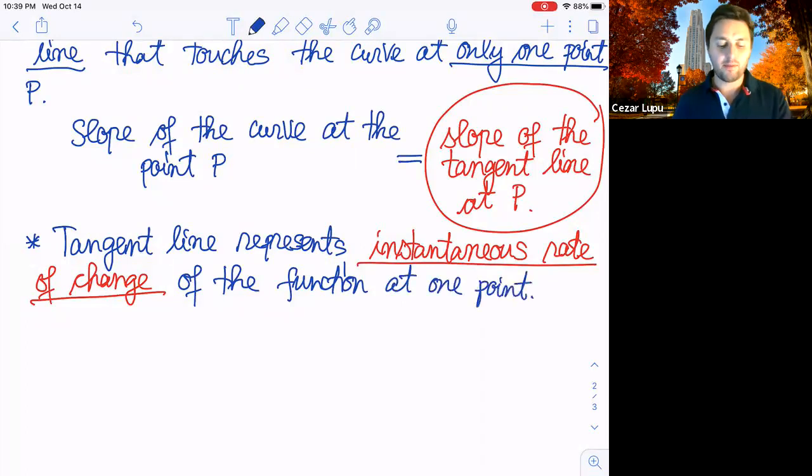Okay, so at this point, we don't know what the derivative is, but somehow keep in mind this slope of the tangent line at that point.